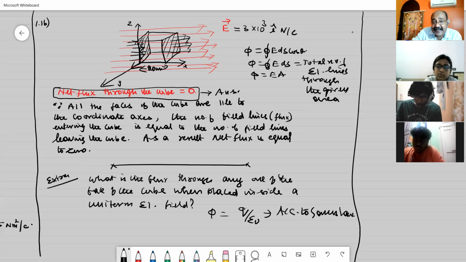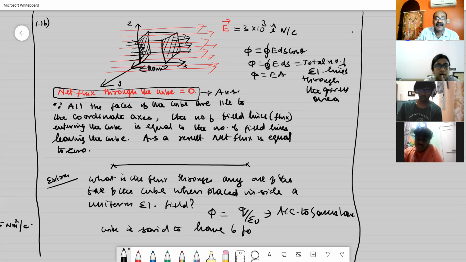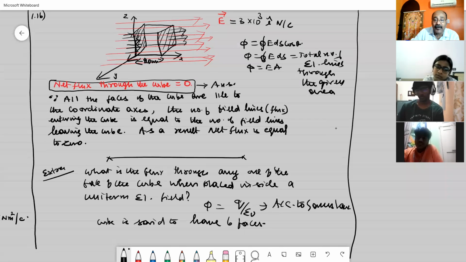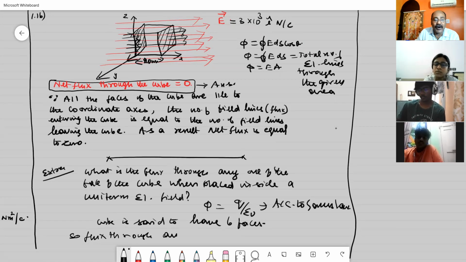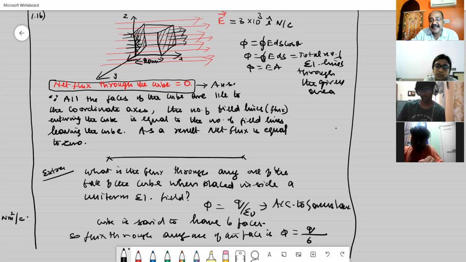But the cube is said to have 6 faces. So we can write the flux through any one of the faces, phi, is equal to Q divided by 6 epsilon 0 as its answer.